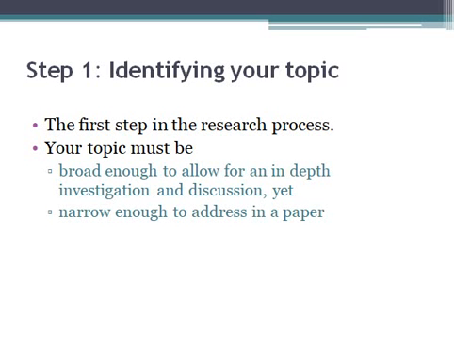Any topic that you want to research should be researchable. What is meant by researchable? Researchable means two basic things. The first one is it should be broad enough to allow for an in-depth investigation and discussion.